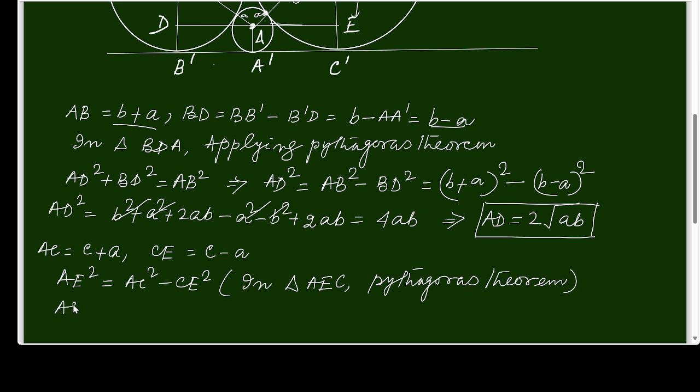So A'E square equals c plus a whole square minus c minus a whole square. This is 4 times ac. So this gives us A'E equals 2 square root ac.